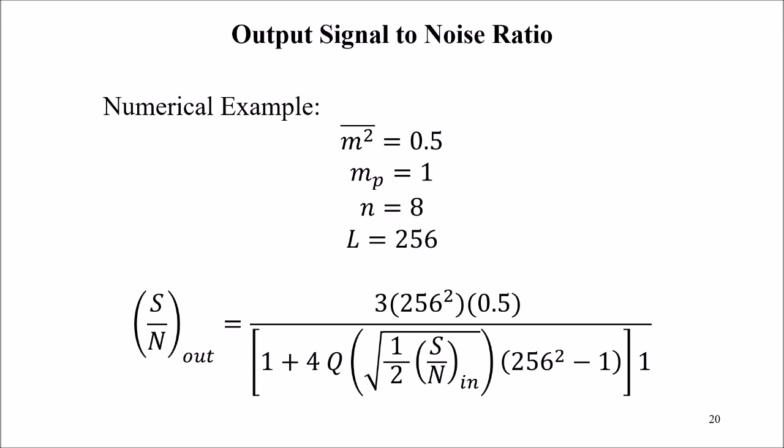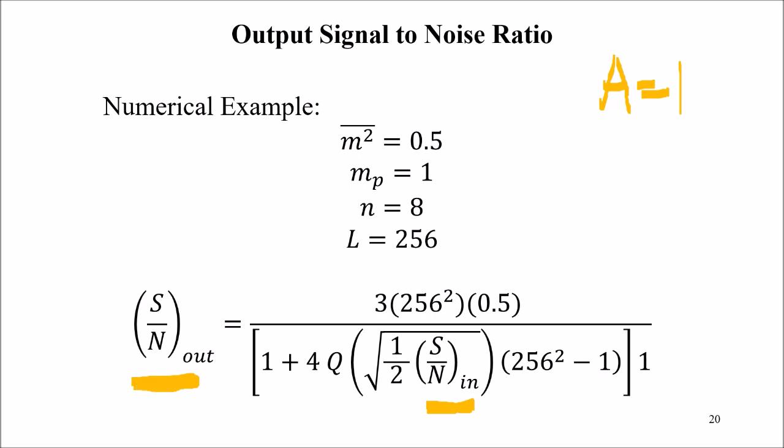This essentially makes logical 1, A, equal to 1, giving a message signal power of 0.5. I also picked the peak range of the digitizer to be 1, just to give a nice numerical value. I picked 8 bits per sample, which means 256 levels. Plug all of those numbers into the equation, and as the signal to noise ratio is varied on the input, we can look at the output signal to noise ratio.